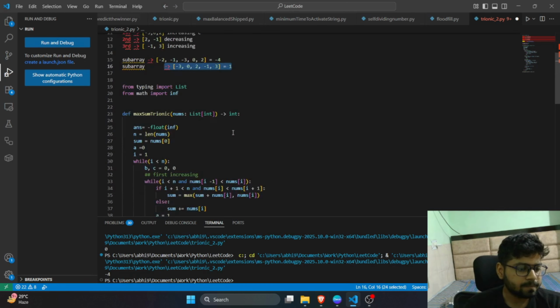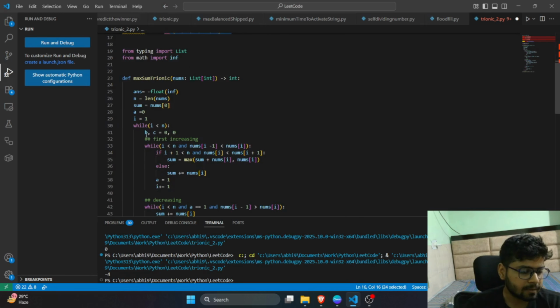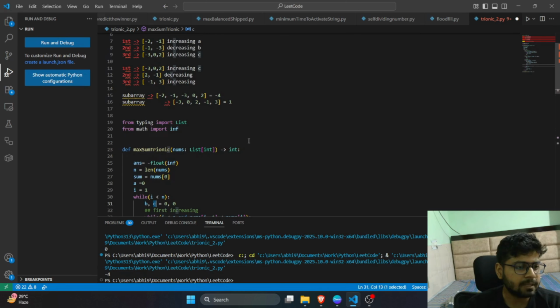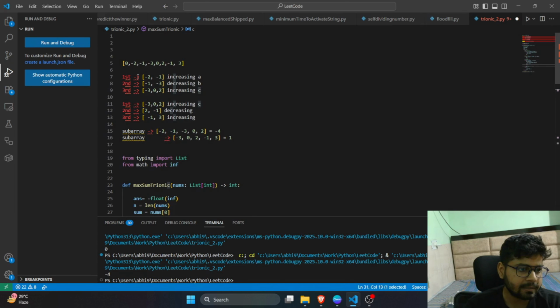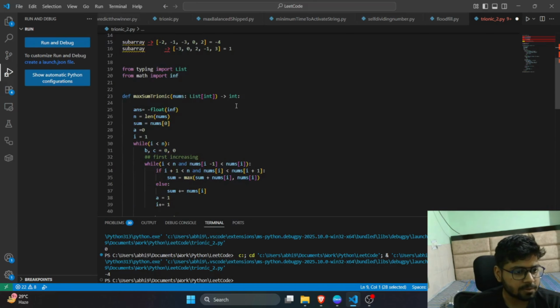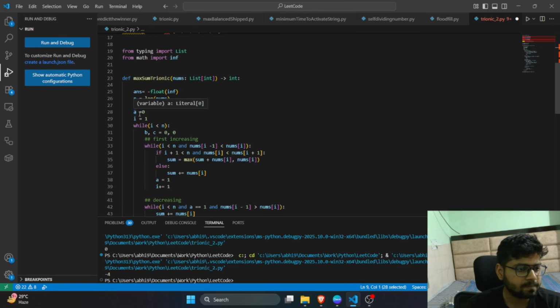So that's why we are resetting the B and C values, because we do not need to calculate the first increasing order again, since it will already be provided from the previous calculation. So that's why we are not resetting the A value, just resetting B and C.